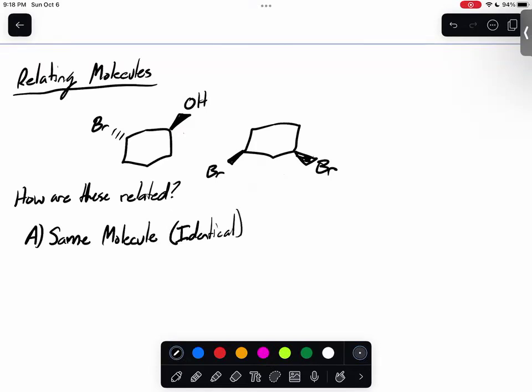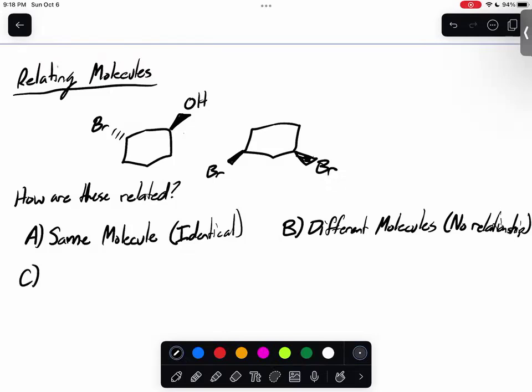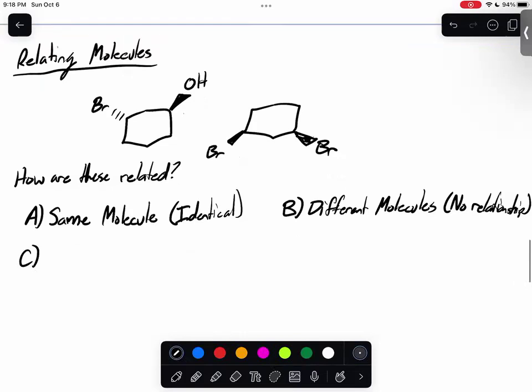They could be completely different molecules, right? Meaning they have no relationship. Those are the very simple ones, right? Just they're either the exact same or entirely different. Another one is, remember earlier in the semester, we talked about things that have the same molecular formula but different connectivity. Those were constitutional isomers.